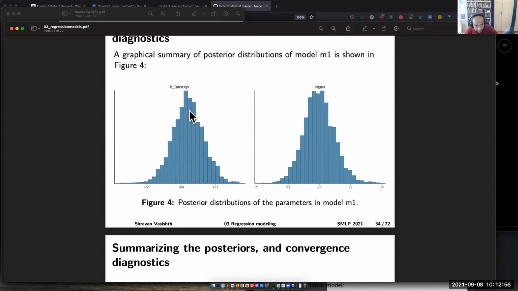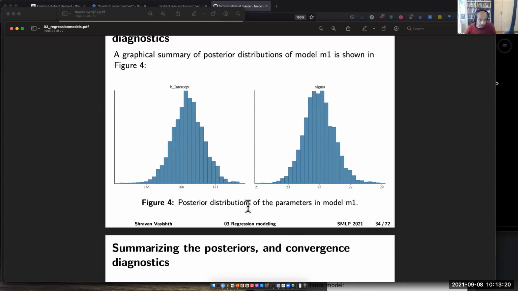So this model is actually influenced by the maximum likelihood estimate because of the vague priors. And it's giving me a posterior that is centered around the maximum likelihood estimate. Similarly, the standard deviation is also basically the maximum likelihood estimate. So I'm getting something like 25. Okay, so these are the posteriors. This is what we get from the model, right?